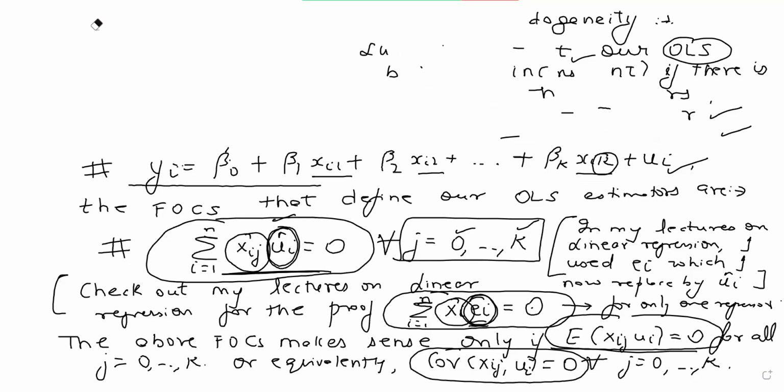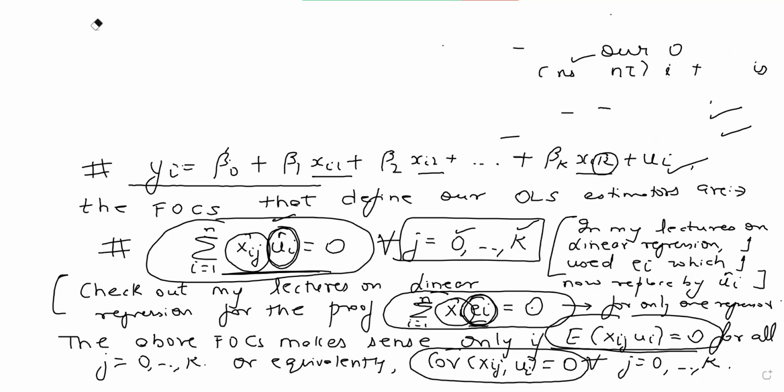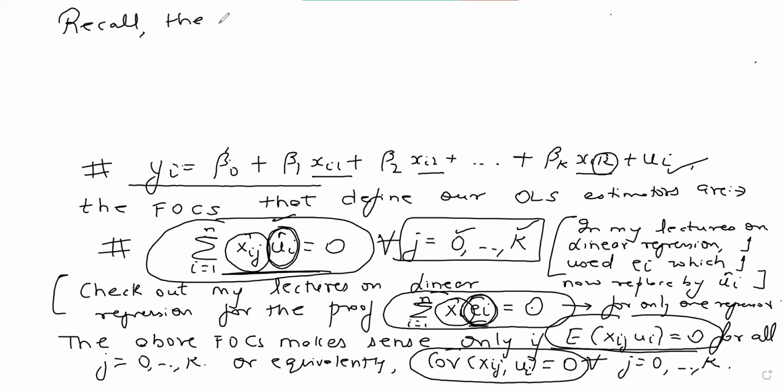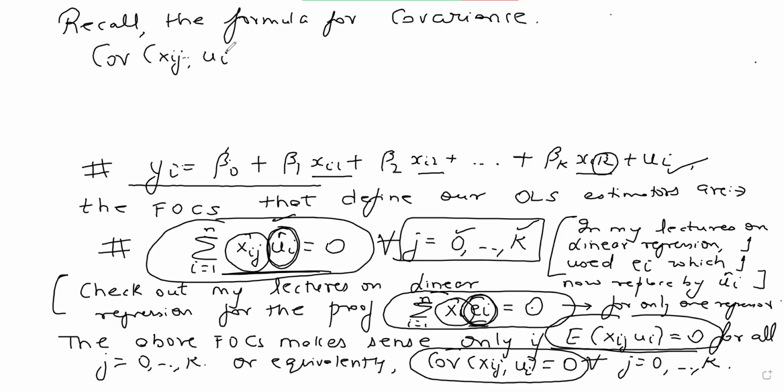Recall the formula for covariance. So I can write covariance between xij and ui will be expected value of xij ui minus expected value of xij times expected value of ui.